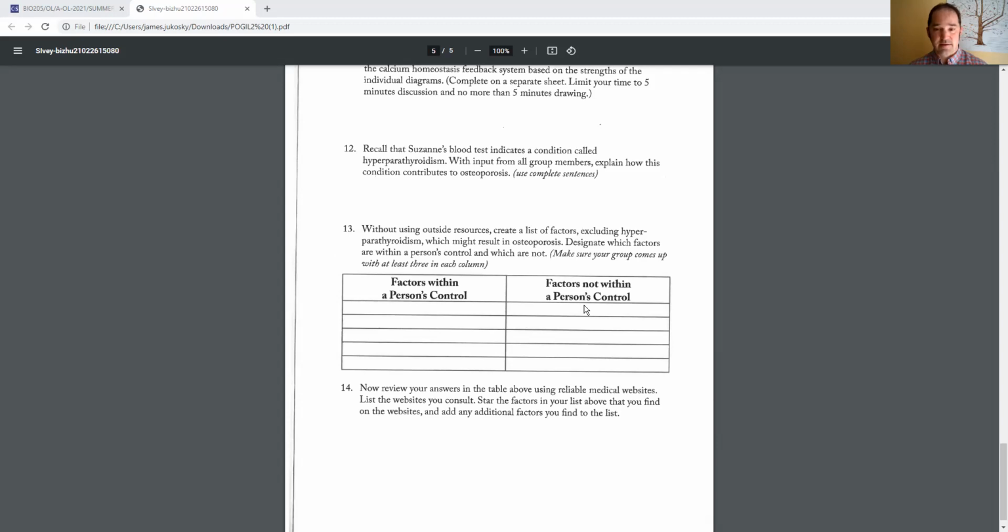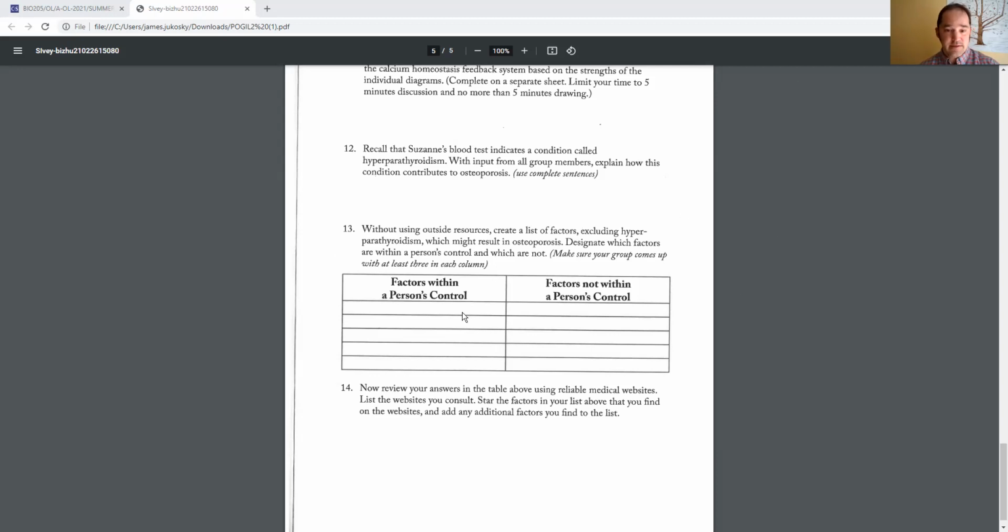So it's out of balance. Her body's digesting more bone matrix than it's laying down. So her hyperparathyroidism is contributing to generating that osteoporosis. Hyperparathyroidism can be a risk factor for having osteoporosis, as you can see in this young woman here.